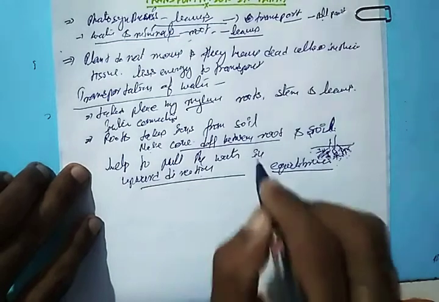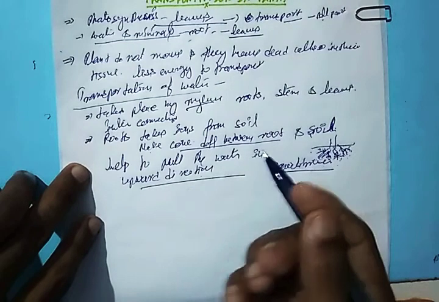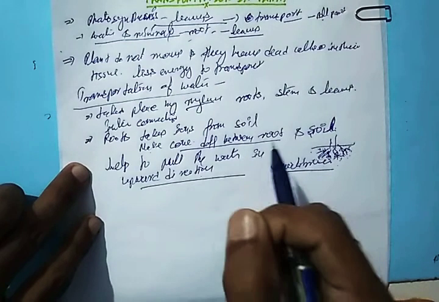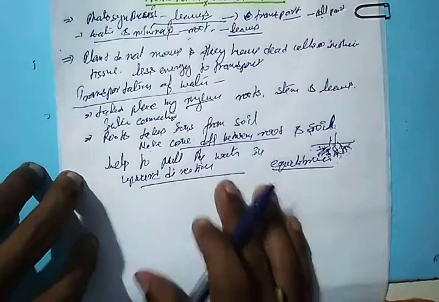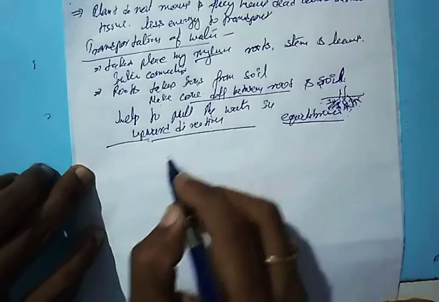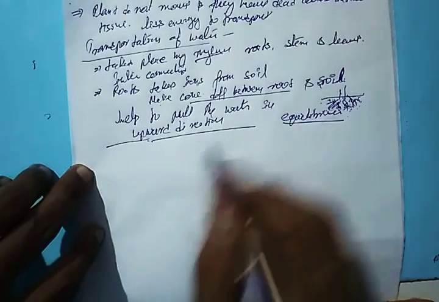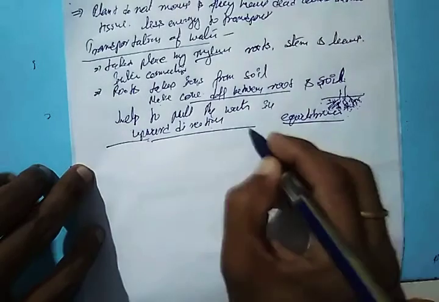As you studied in class ninth, hypotonic solution, hypertonic solution, and isotonic solution. But this process only takes place in small plants.